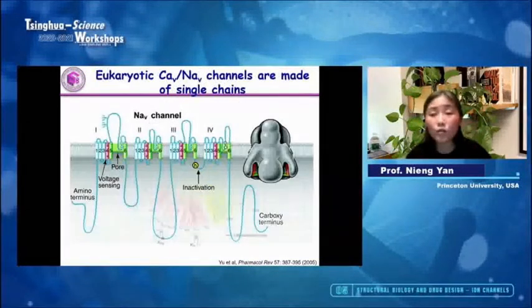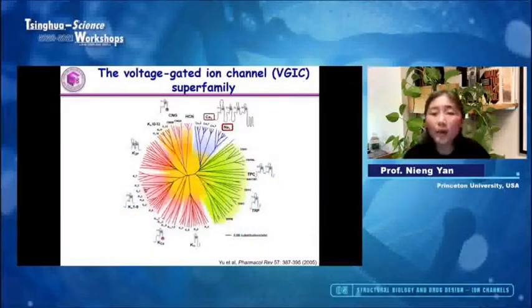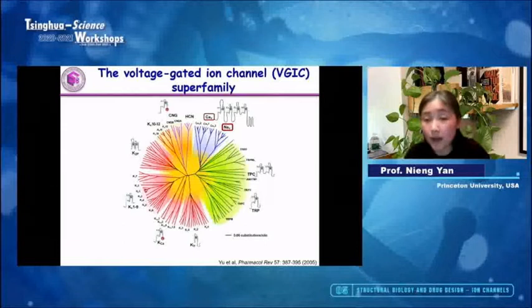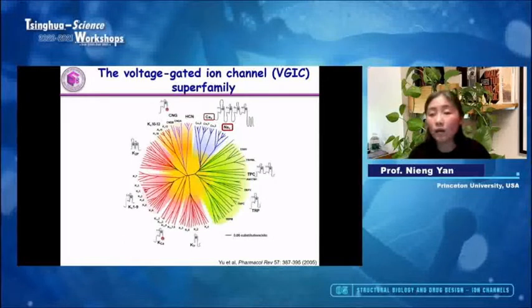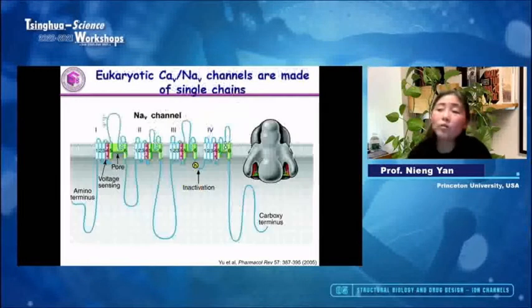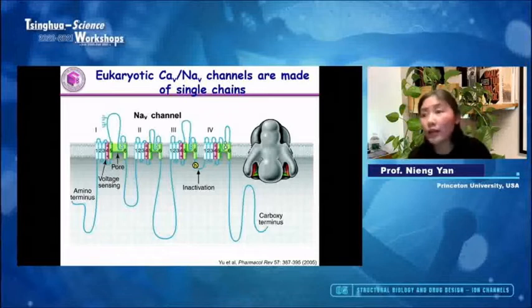In contrast to the relatively rapid progress in the structural study of the homotetrameric potassium channels, that of the sodium and calcium channels has been slow. Why? Because they are made of a single chain, and they are subject to heavy glycosylation or phosphorylation, which makes them heterogeneous. So it is extremely difficult to obtain the recombinant protein for crystallization.